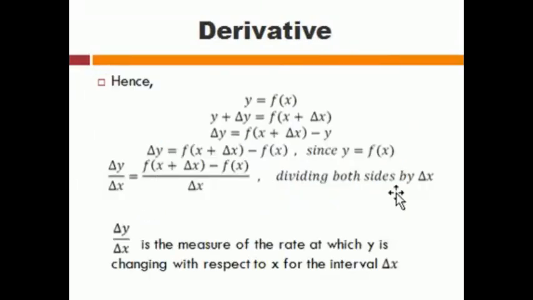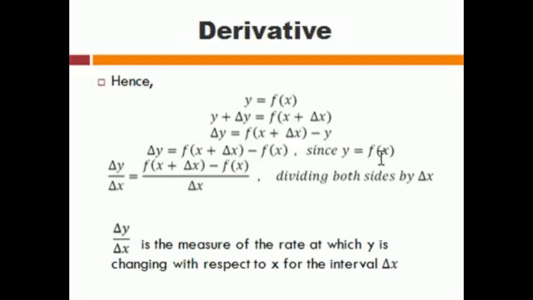Hence, when y is equal to f of x, and making y now equal to y plus delta y, equal to, instead of x, you now write f of x plus delta x. Then transferring y from the left side to the right side, you now have delta y equal to f of x plus delta x minus y.